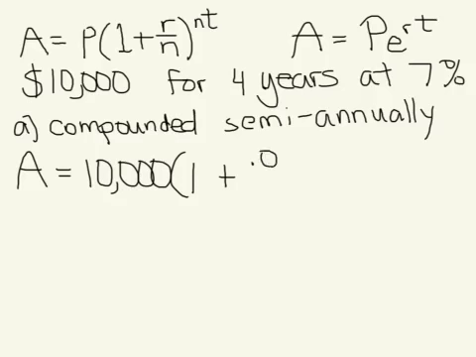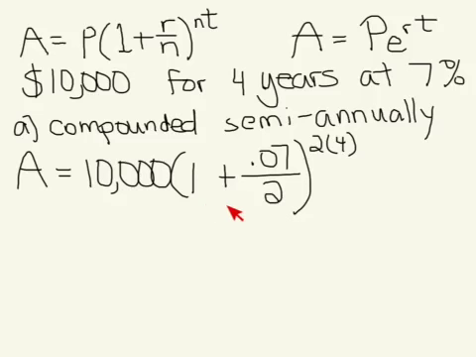Remember, that's going to be 0.07 over N, which is 2, twice a year. And then the power is 2 for N. Ooh, kind of messy. Let me fix that a little bit. Okay, and then we want to have a 2, and then T is how many years you leave it in, so that's 4.